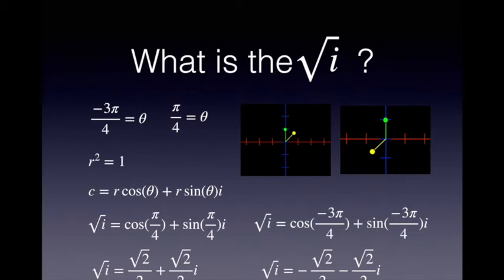And if we use negative 3 pi over 4, cosine of negative 3 pi over 4 is negative square root of 2 over 2, and sine of negative 3 pi over 4 is negative square root of 2 over 2. So we get the same answer as before. Square root of i equals negative square root of 2 over 2 minus square root of 2 over 2 i.